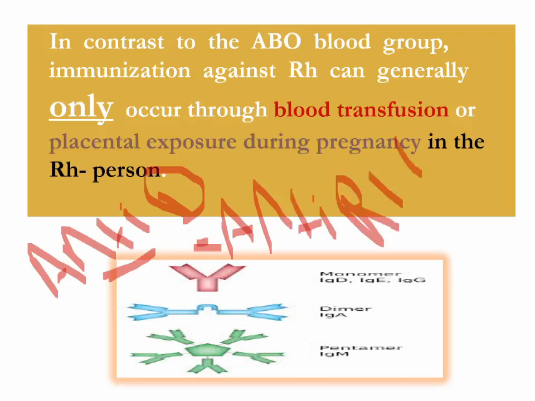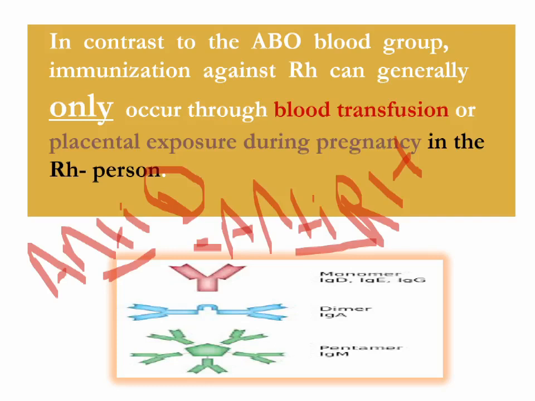The first property is that the anti-D or the anti-Rh is not formed during the first years of life, like we have mentioned for the anti-A and the anti-B. No, they are formed in your blood or in your serum when your body gets introduced to the antigen D.